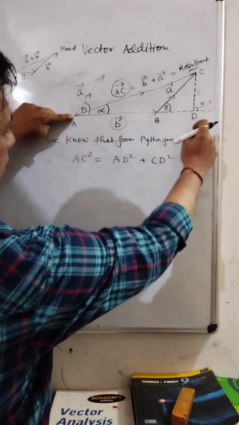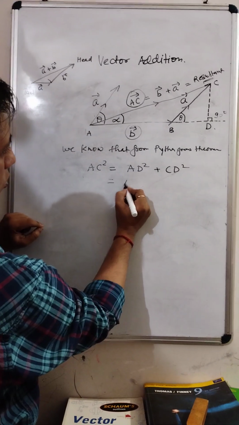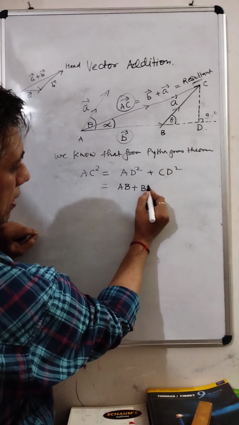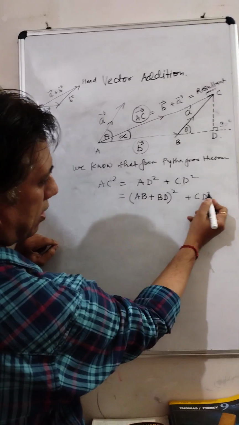Now again AD is equal to AB plus BD, so we write AC square is equal to (AB plus BD) whole square plus CD square.